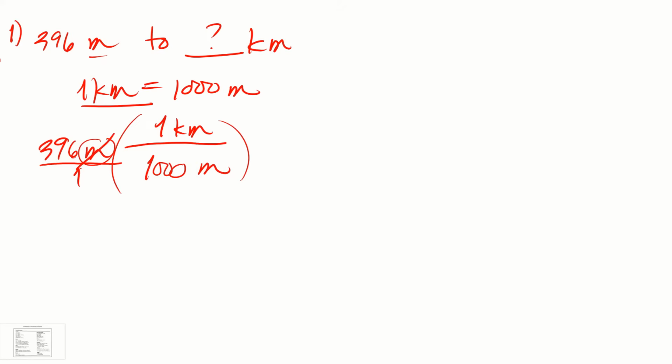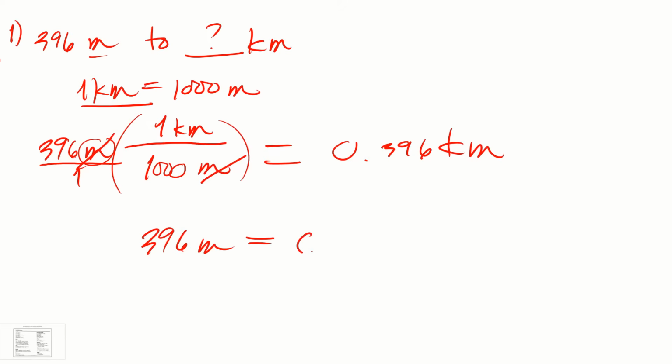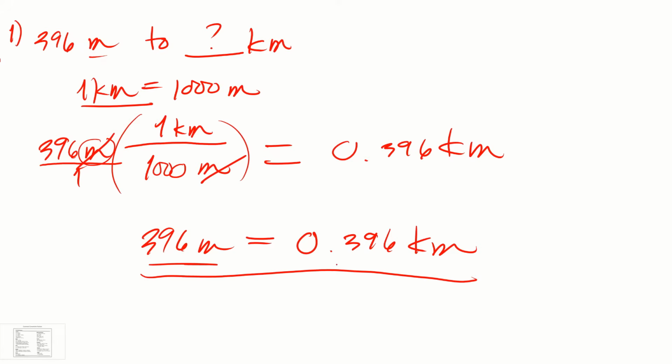So now we can cancel meters in our solution. Then perform the operations: 396 times 1 divided by 1,000. So we'll have 0.396 kilometers. So 396 meter is equal to 0.396 kilometers. Ito na yung equivalent value nitong value na to kilometers.